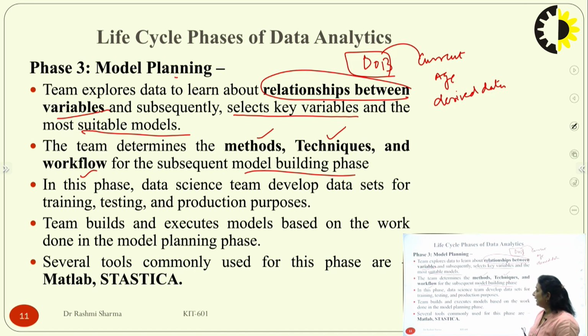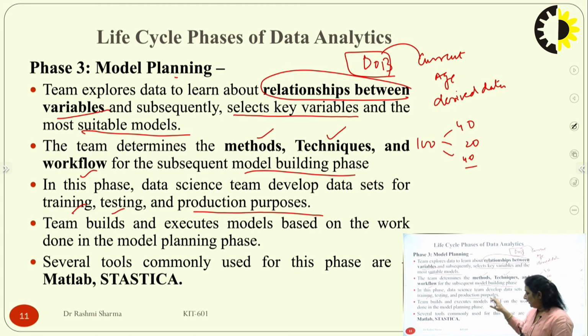Then in this phase, the data science team develops the data sets for testing, training and production purposes. If I have 100 records, then I divide them, like 40 for training, 20 for testing, and again 40 for my production purpose. The data science team does this data segregation.